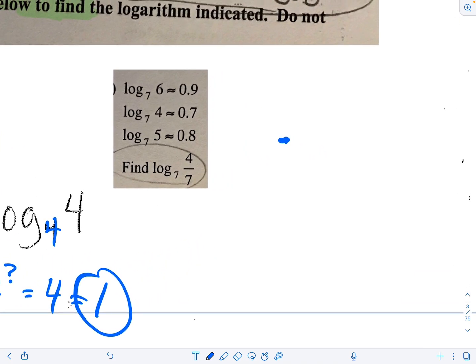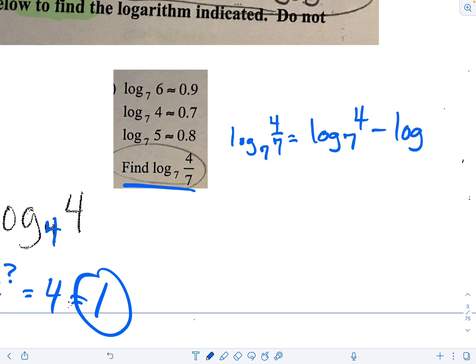Okay, last one here. Maybe it's time to pause and see if you can't do this one. Given that you've got 3 log facts there, or approximations, find the log of 4/7 base 7. Log of 4 sevenths base 7. This is a quotient property. That's the log of 4 base 7 minus log of 7 base 7.